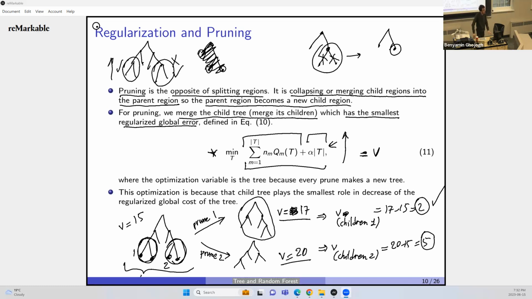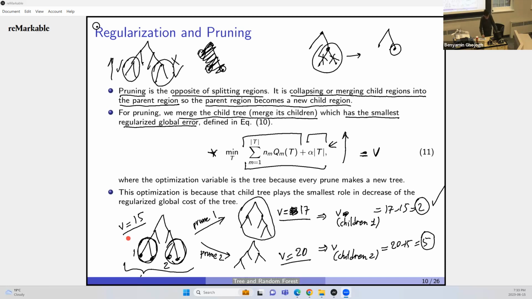No, I was thinking that if the global error is an average, then if we remove the largest term, the average should go down in general, without this concept. The average, if we prune, the error goes up. If we grow, the error goes down. If we prune, the error goes up, like this.